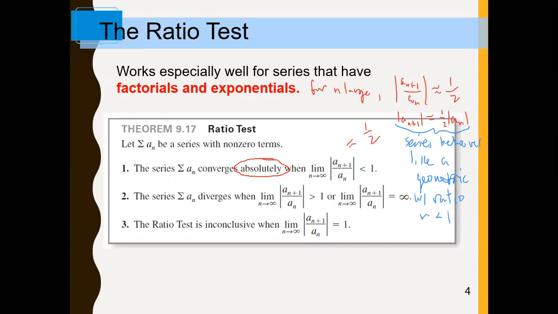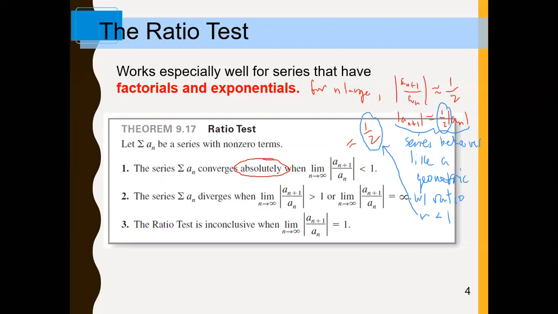Because in this case, 1/2 would be like the ratio. So essentially, this limit is like the ratio. What's eventually happening is the next term is like some common ratio times the previous term. That's what it's behaving like eventually. So the series behaves like a geometric series.